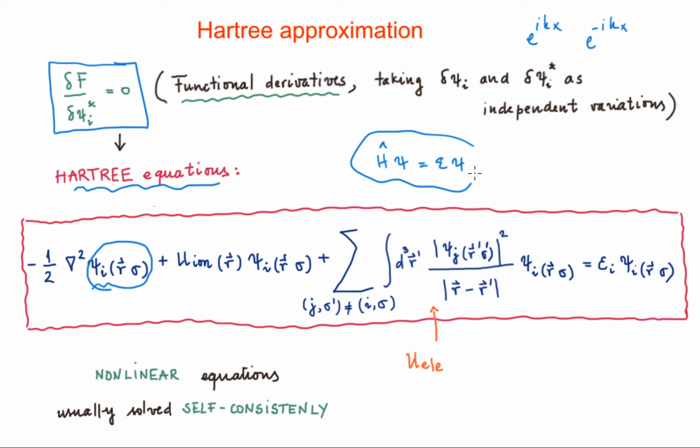Analyzing the different terms here, we can see that the first term is somehow related to the kinetic energy associated to the electrons. Then we have the electron-ion interaction.